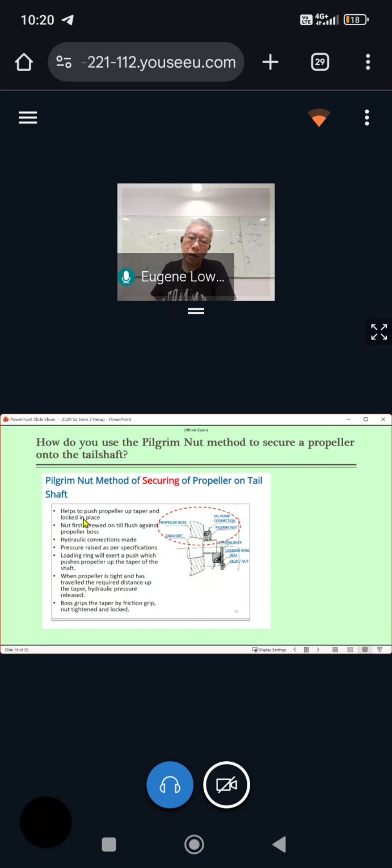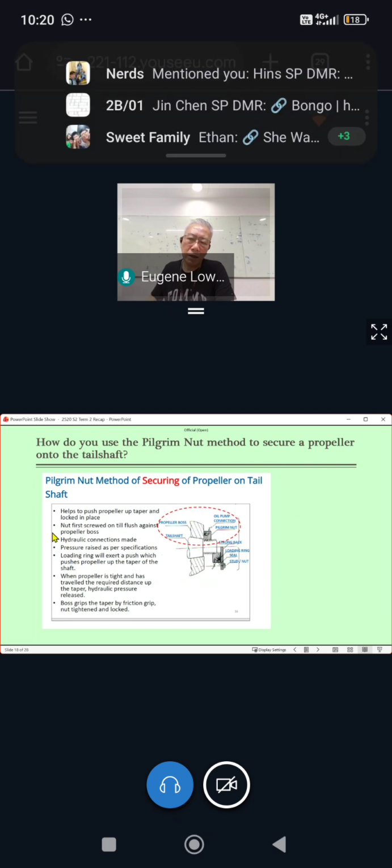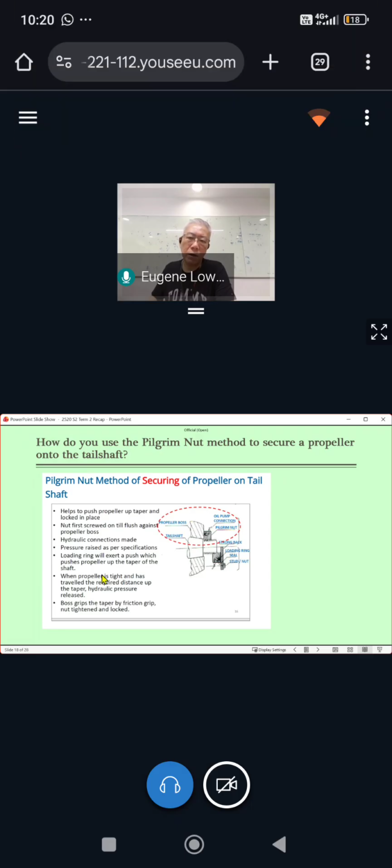Okay, not everything here you need to talk about, but you have to start talking from point number 2. Point number 2, nut refers to the pilgrim nut, and you are only talking about the top half of this diagram. The bottom half is how you use the pilgrim nut to remove the propeller, but to secure it is this top half here.